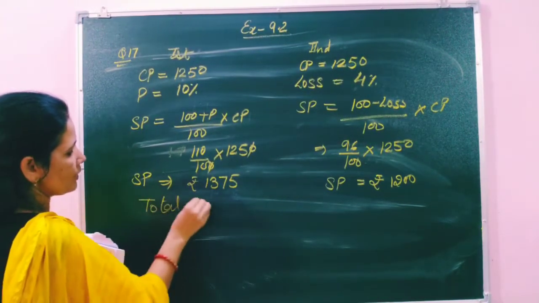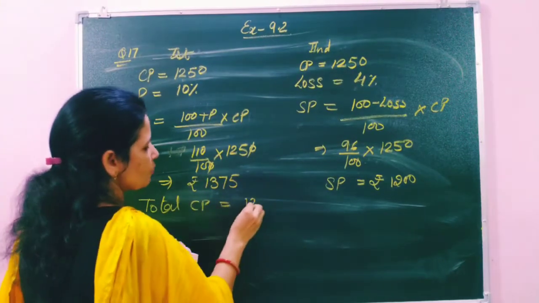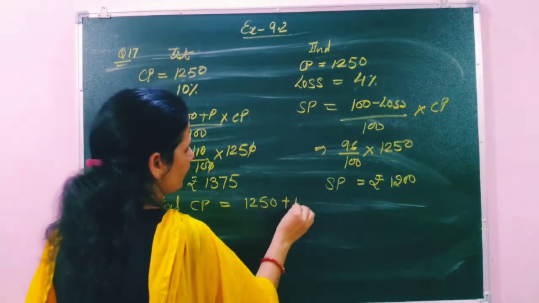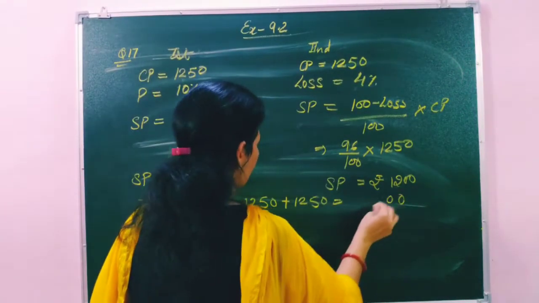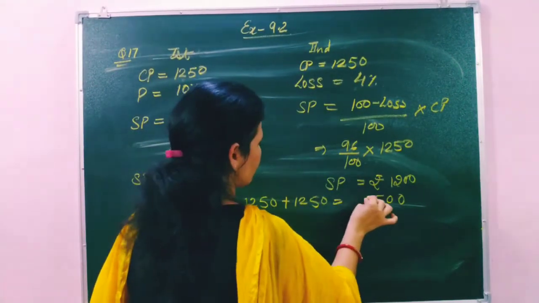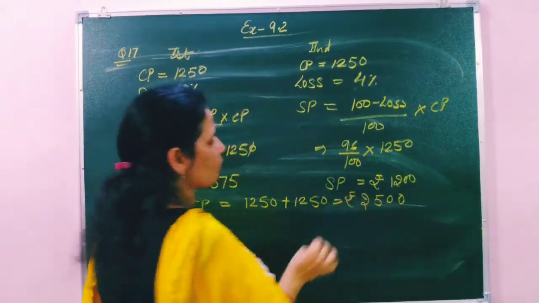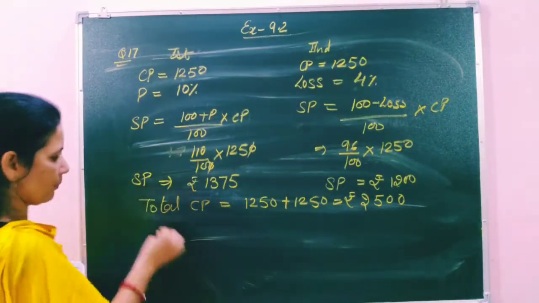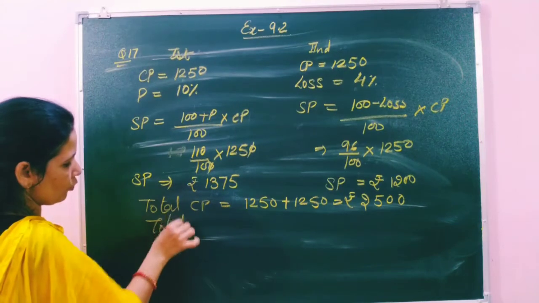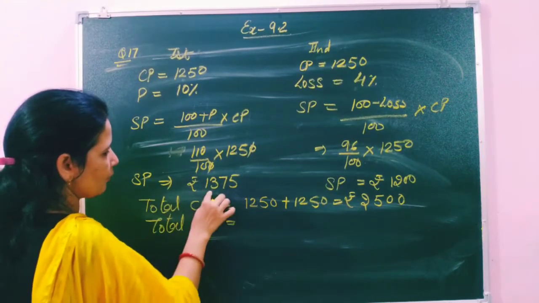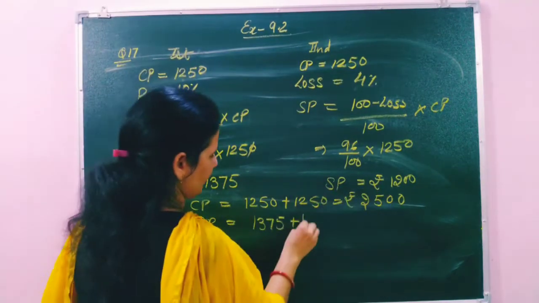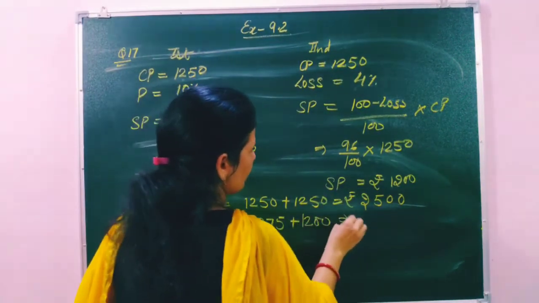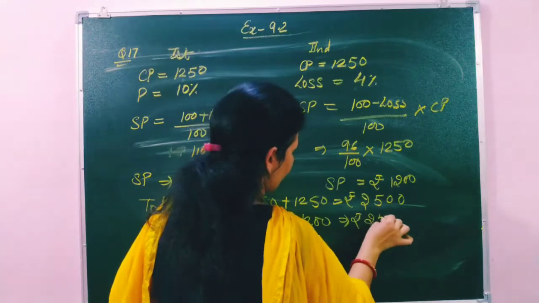How do we find the total CP? 1250 plus 1250, that means rupees 2500 is the total CP. Then we have to find out total SP. Total SP: one time is 1375 and another time is 1200.